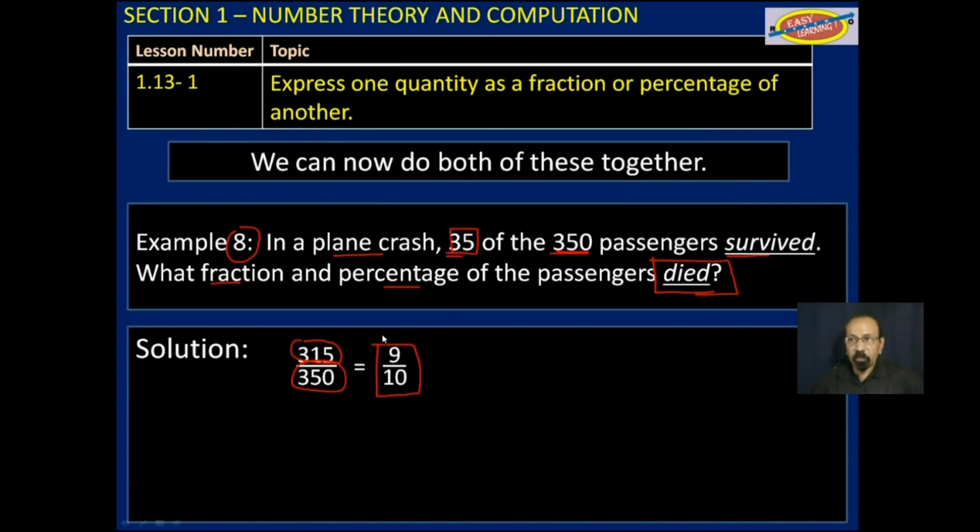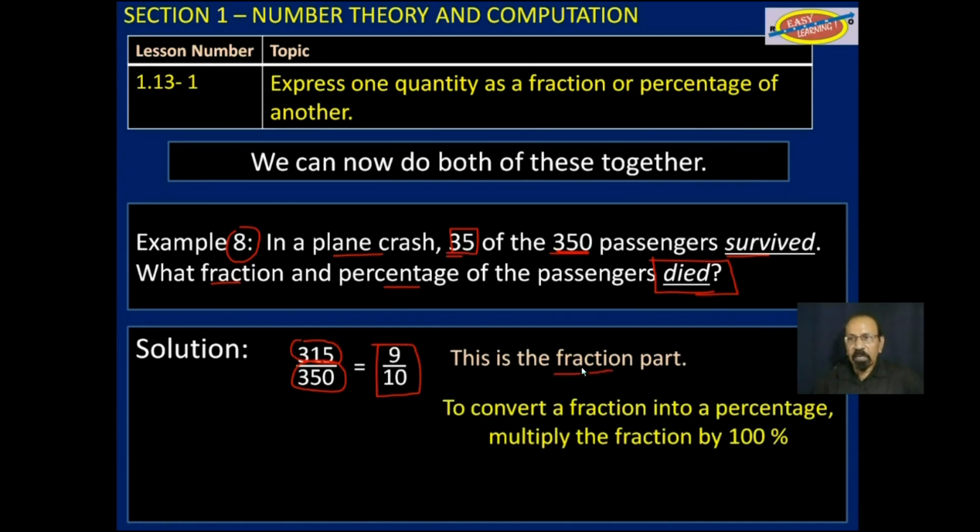So 9/10 of the passengers died. That's a fraction. We can express that as a percentage by multiplying by 100, and we get 90%. 9/10 of the passengers died, which is 90%.